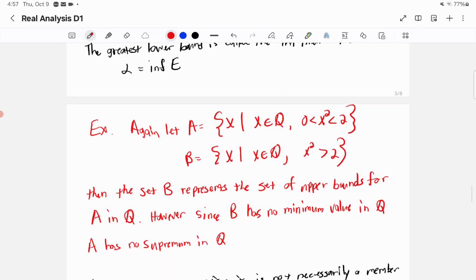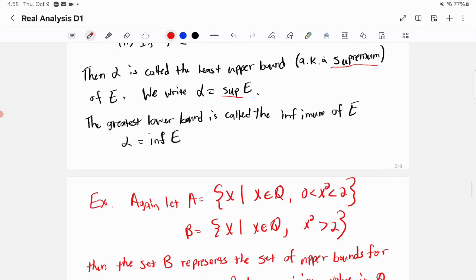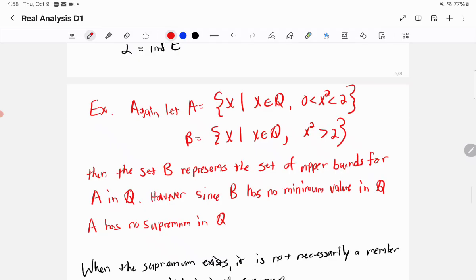Okay, great. Let's go back to those sets that we were discussing before. We had the set A, which was the set we were talking about with the square root of 2, right? It's the positive rational numbers such that their square is less than 2, and the set B, rational numbers such that their square is greater than 2.